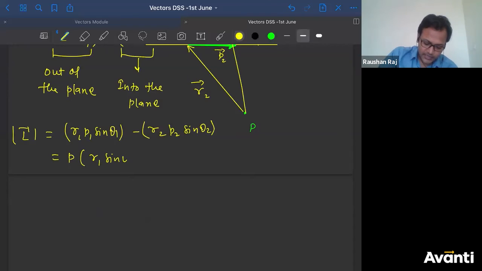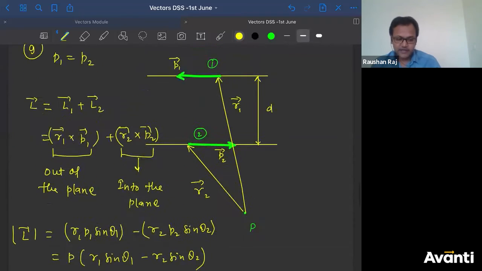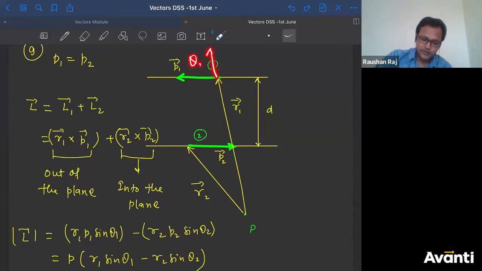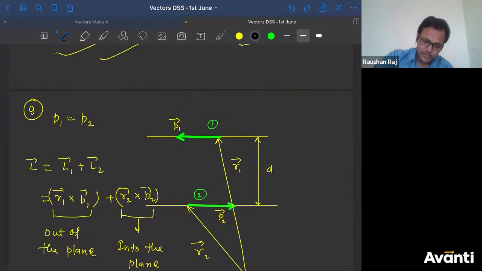I get R1 sin theta 1 minus R2 sin theta 2. Now look at the figure here. Which is angle theta 2? Theta 1 is this angle, right? This is theta 1. Correct? If this is theta 1, I cannot draw that properly, but let me try to draw it.